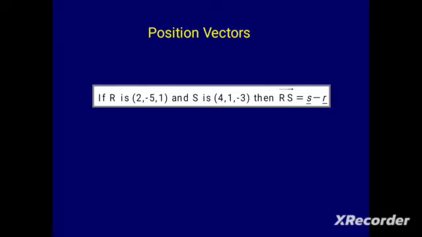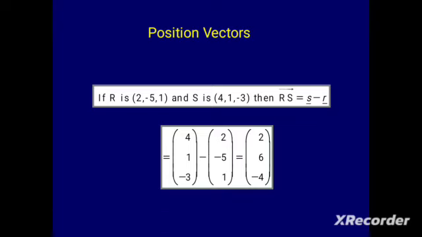Again, if we have R given by the coordinates (2, negative 5, 1) and S given by (4, 1, negative 3), then vector RS is equal to vector S minus vector R. So you start with S and then the other one, which is R. That means we are substituting, because now we have the coordinates.